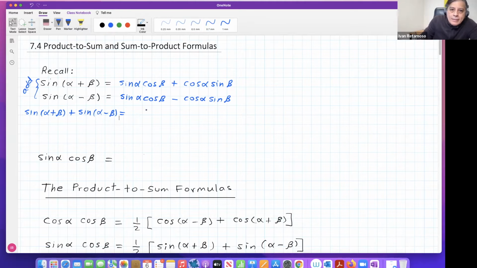So after canceling, I should get just twice sine of alpha cosine of beta. Very good.